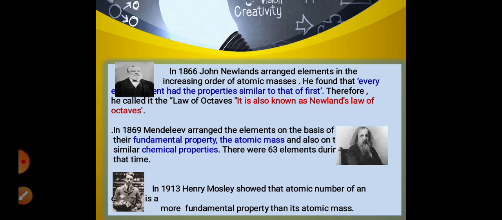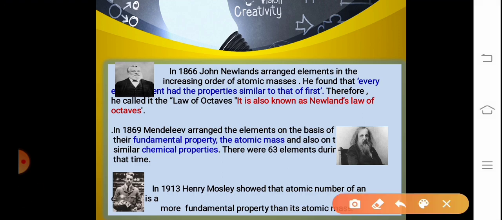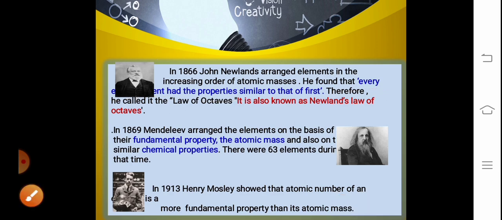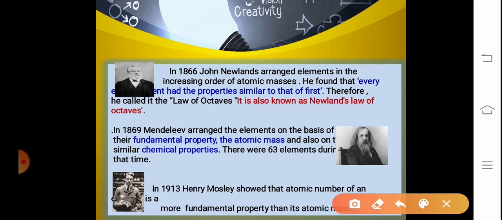I repeat, Dobereiner arranged the elements based on chemical properties, whereas Newland arranged the elements according to the increasing order of their atomic masses. And John Newland found that every eighth element had properties similar to those of the first element. How can we understand this?